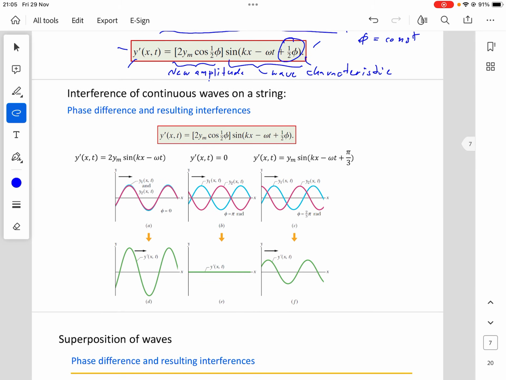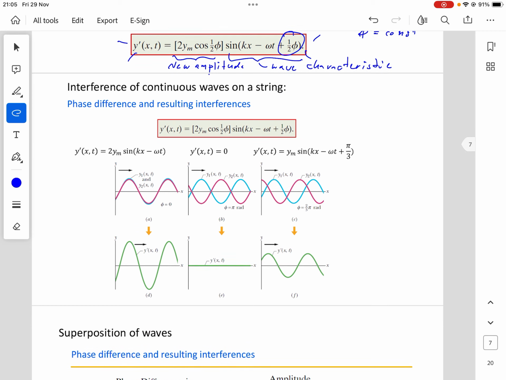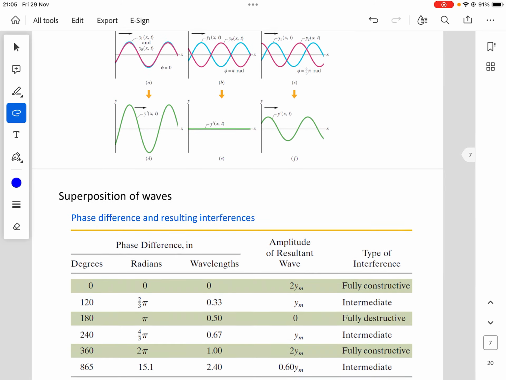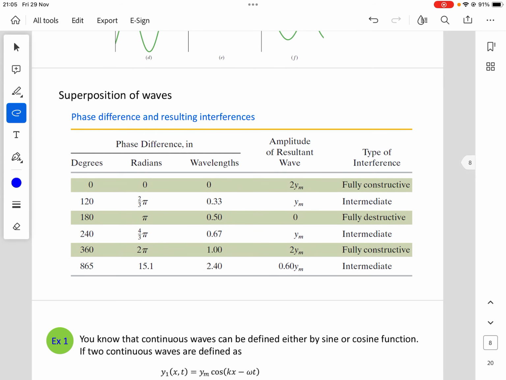Okay. And you see that the amplitude is dependent on the phase difference, right? You can check up here. If the phase difference is, let's say, 120 degrees, cosine 60 gives you a half, so the amplitude will be the same.